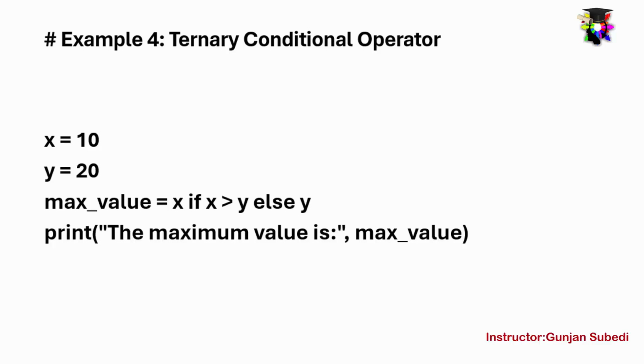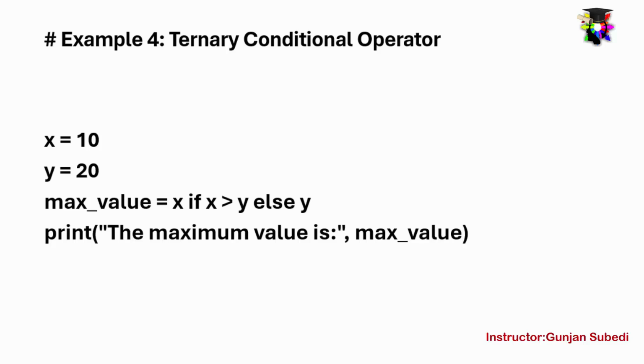If x is greater than y, then the value of max_value is set to x. Otherwise, if y is greater than or equal to x, the value of max_value is set to y. This print command, the maximum value is max_value, prints the maximum value determined by the ternary conditional operator.